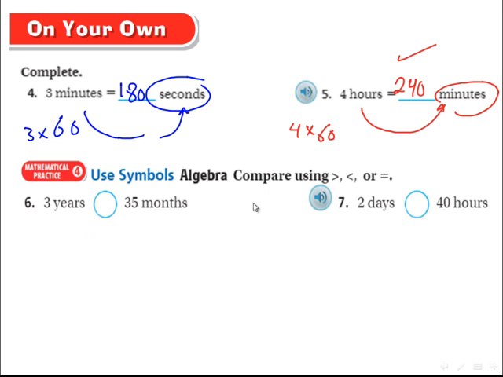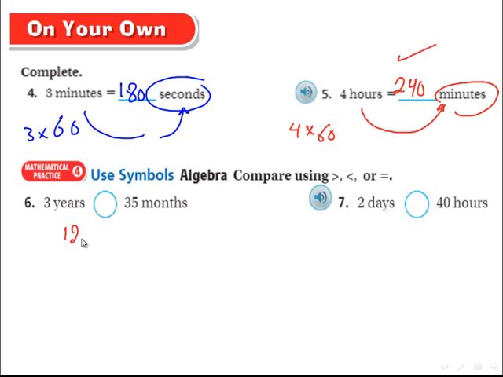Let's solve question 6. Compare between 2 units using greater than, smaller than, or equal. Let's see. 3 years and 35 months. I'm going to convert years into months. How many months are there in a year?